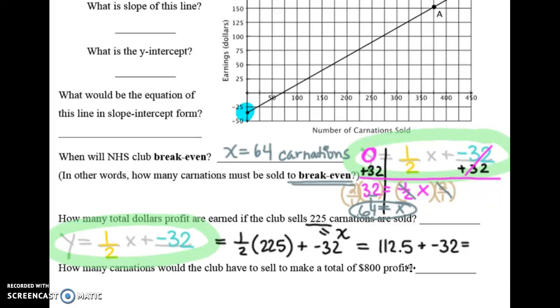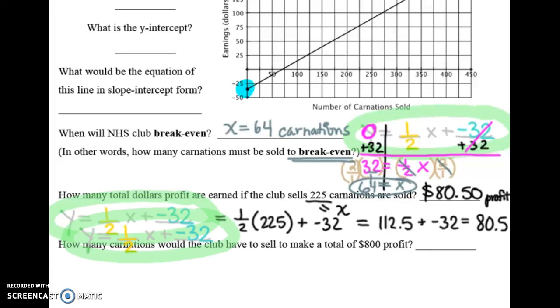So 0.5 represents 50 cents. So 112 take away 32 leaves me with $80.50. As you can see, I'm writing $80.50 with a decimal and a 0 as a placeholder. That's the profit if 225 carnations are sold. Not much money for that many flowers.